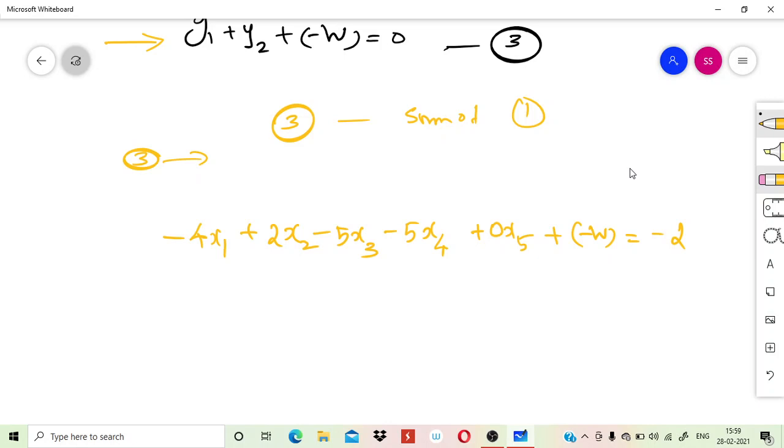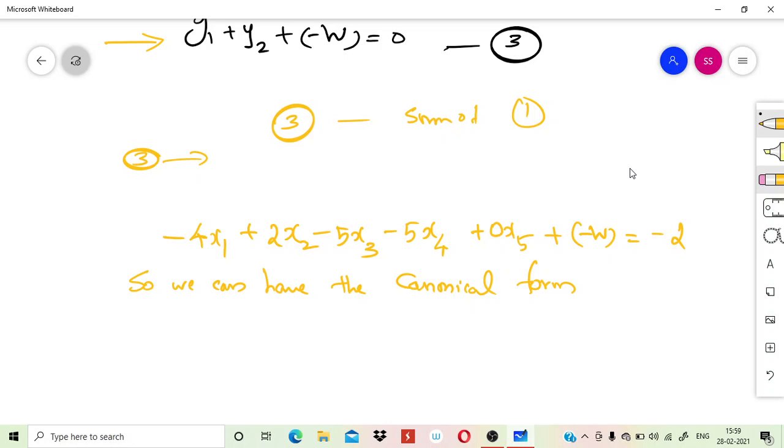So that is the canonical form. The canonical form is minus 4x1 plus 2x2 minus 5x3 minus 5x4.